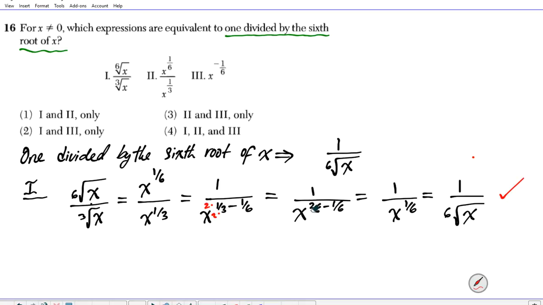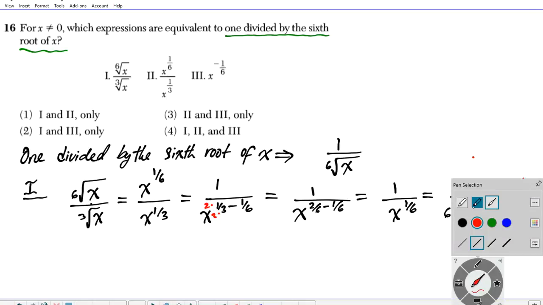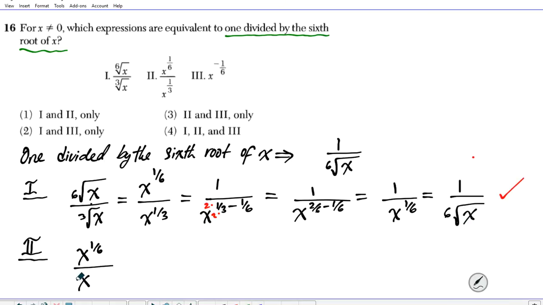Okay? Now let's shift gears and take a look at the second option. Option 2, we have x to the 1/6 power divided by x to the 1/3 power. Okay?